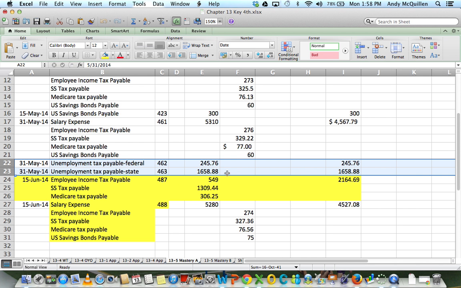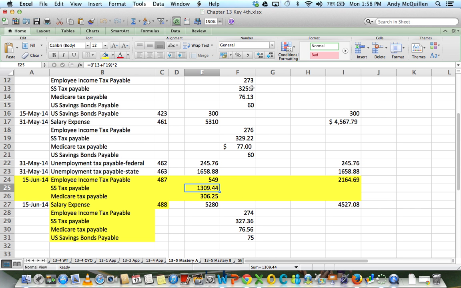That's how I get employee income tax payable. Social Security, $325.5 plus $329.22 times 2. Medicare, $76.13 plus 77 times 2. And then we add those up. That's how I get 2164.69.